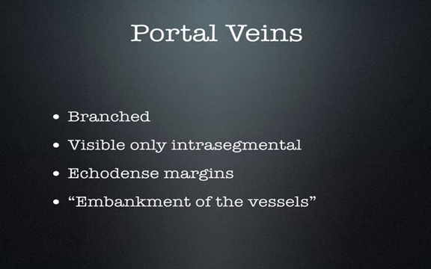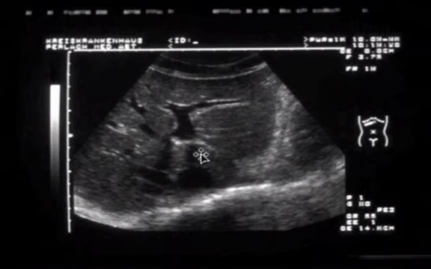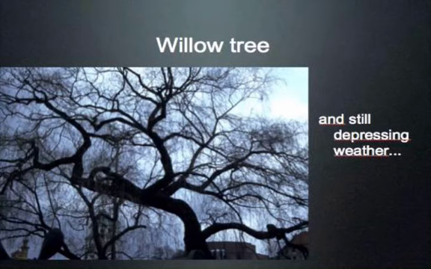If we look at an example, this is a typical portal vein. You see 90 degrees, then this is a branch going towards the left and a branch going towards the right, and you see the echogenic material, a small amount, but still it's almost always visible. Echogenic material, the embankment, and if you again want to compare it to a tree, then a willow tree is probably the best comparison, again without leaves and again against the still depressing winter sky.